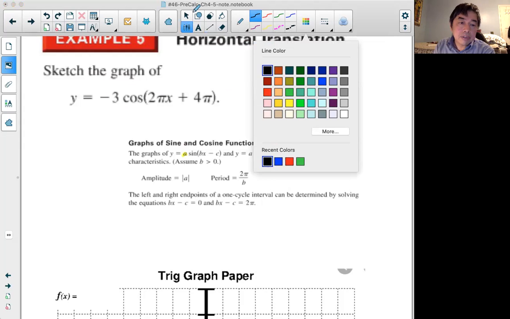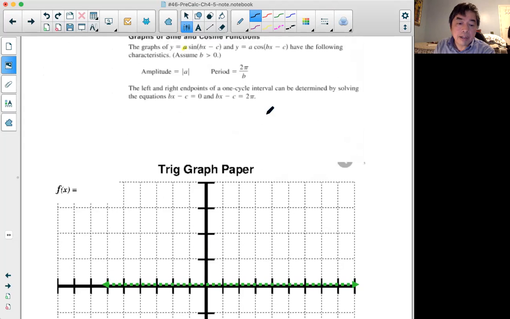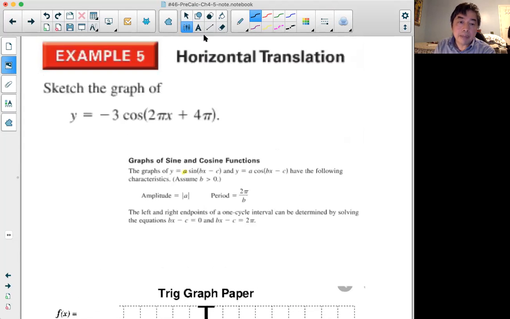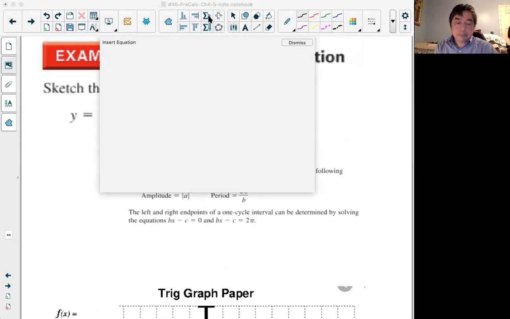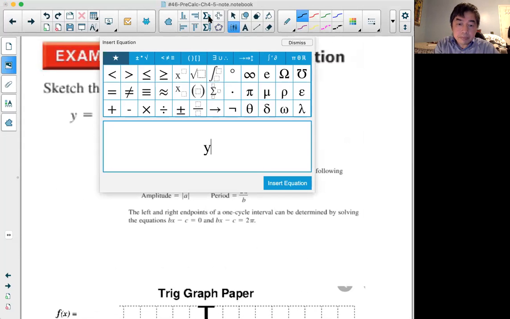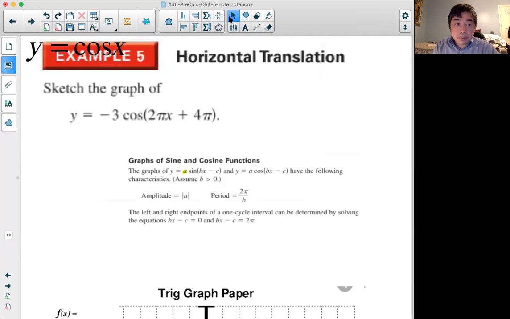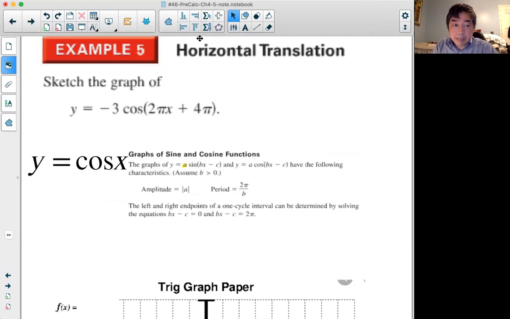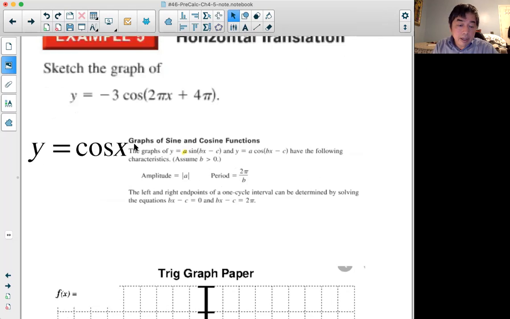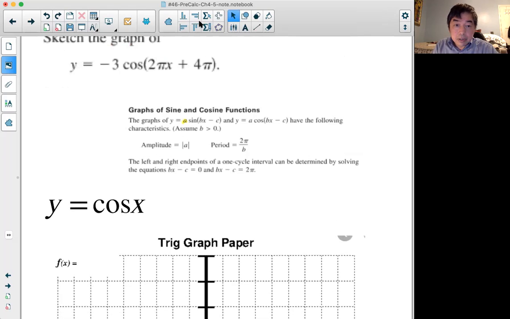I use the cosine graph starting from the parent function. The parent function is y equals cosine x. When I write this down with the black pen, I start from 1, right?